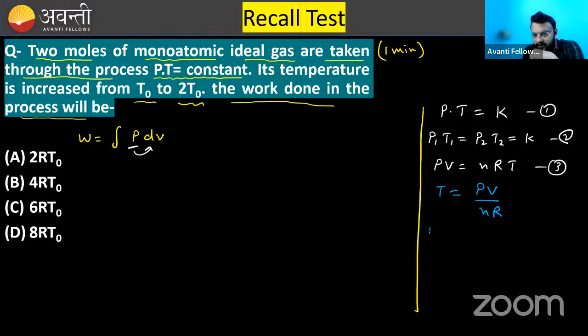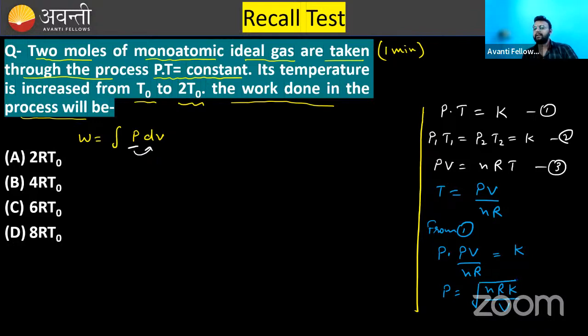And if I put this value of T in equation 1, then P into T is PV over nR, which is equal to constant K. So P is what? Root of nRK over V. Is it clear? So what was our aim? Our aim was to find P in terms of V. So we have got P in terms of V.